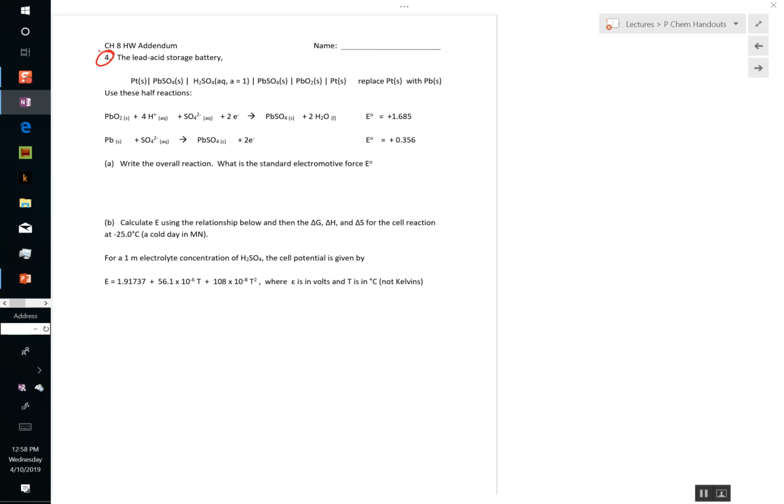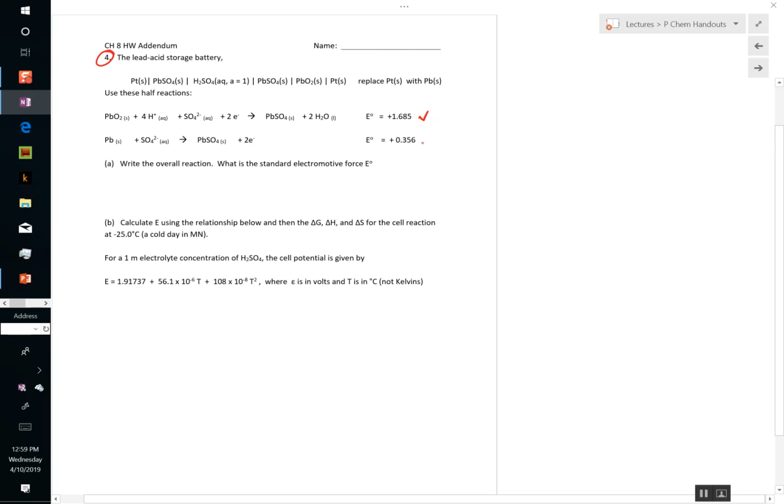I'm not sure I gave you E0 values for it, but basically what you have is lead oxide, so that's a lead plus 4 being reduced to a lead plus 2. It's taking 2, so the top one is reduction. And it's taking 2 electrons to reduce the lead plus 4 to lead plus 2. And it has an E0 of positive 1.685 volts. Sorry, I didn't put the units after it. Volts.